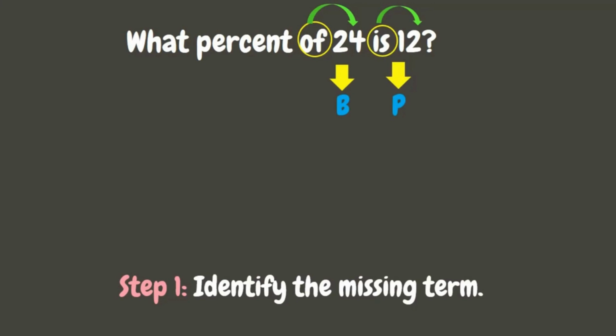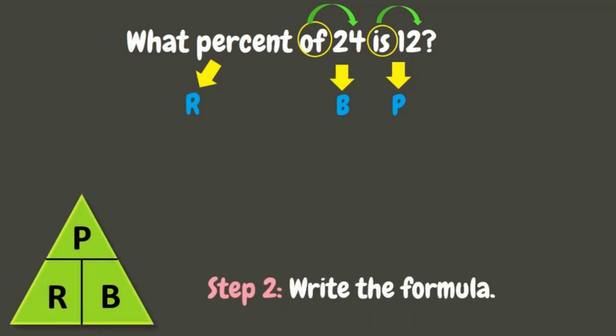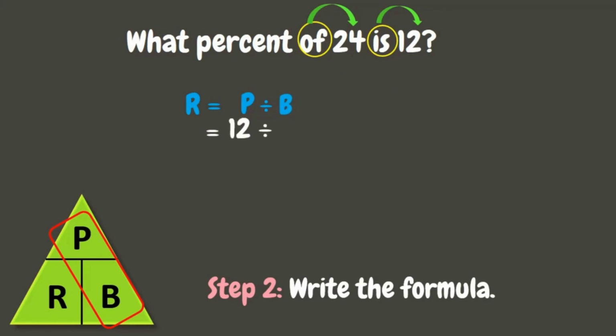And obviously, the missing here is the percent or the rate. Now let's write the formula. R equals P over B, or P divided by B. That means to get a rate, we need to divide 12 by 24.